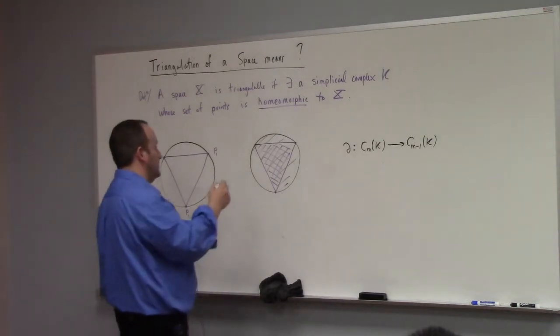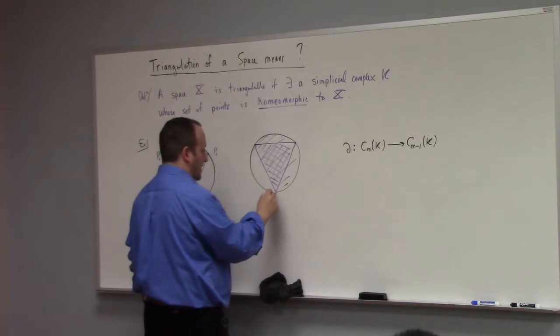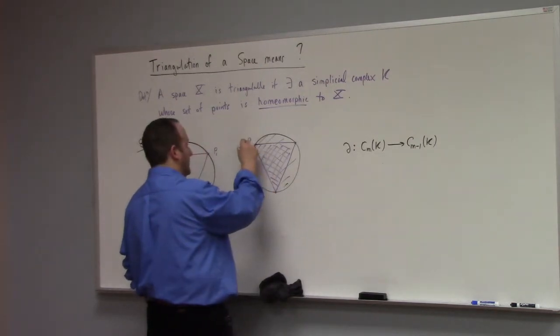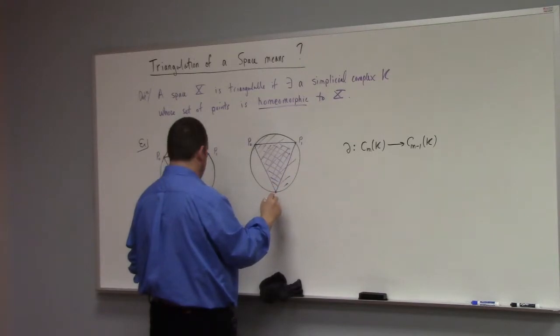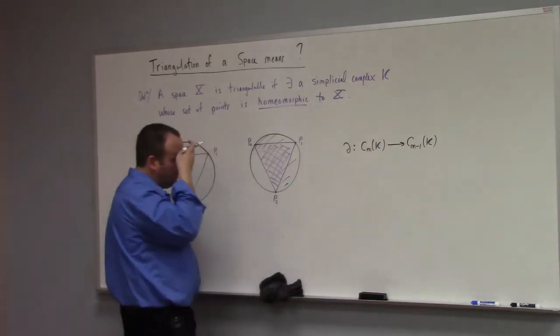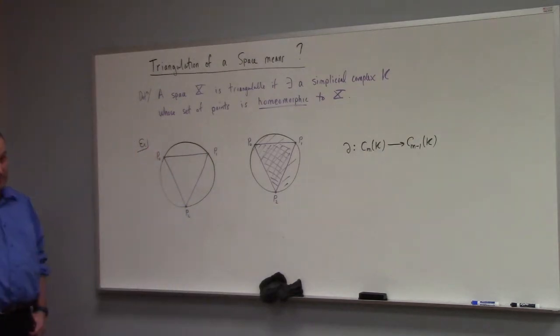This one, you would have the same vertices, but this time the simplices would be more. You'd also have the two simplex in that one.